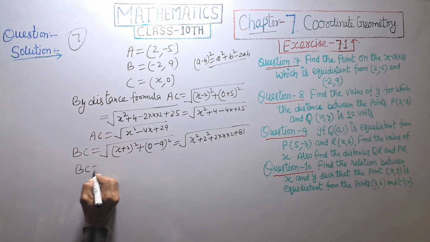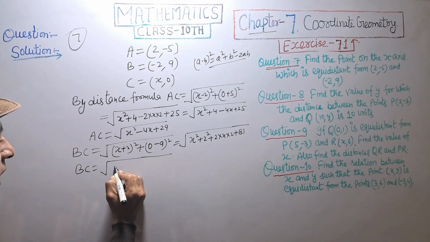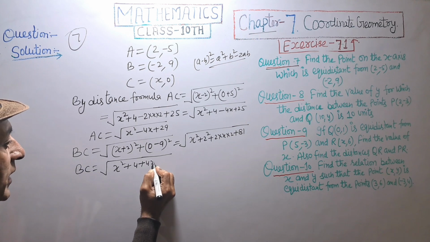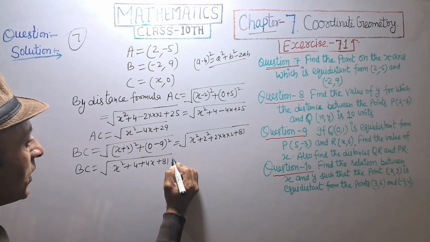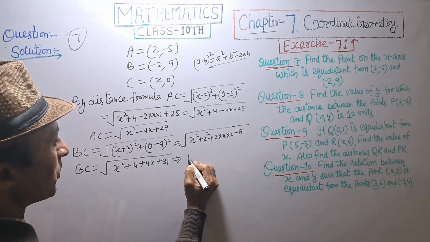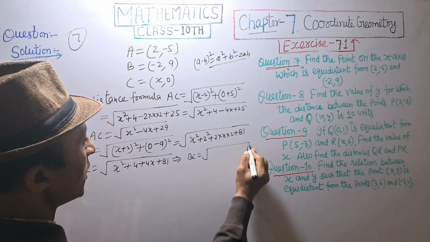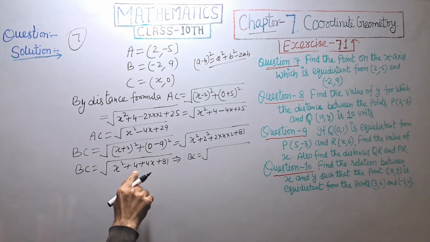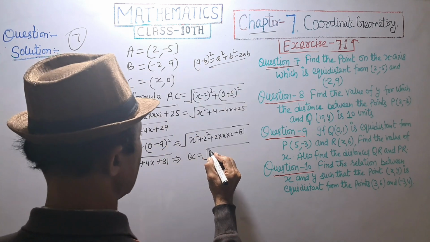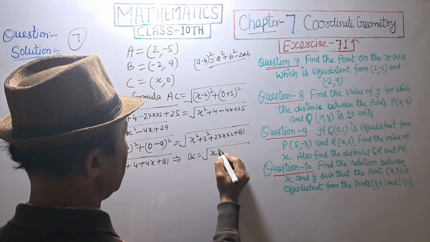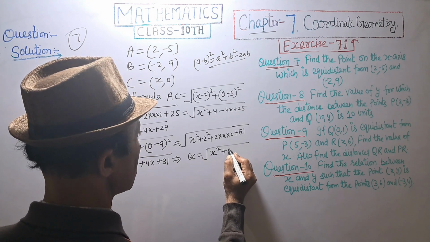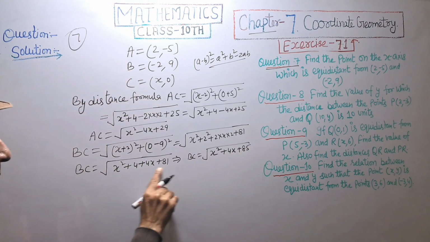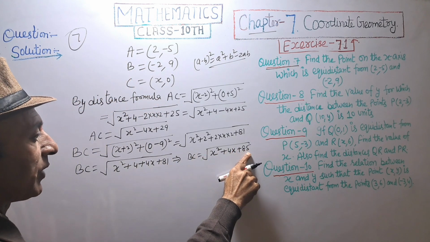So BC is equal to the square root of x squared plus 4x plus 85, since 81 plus 4 is 85.